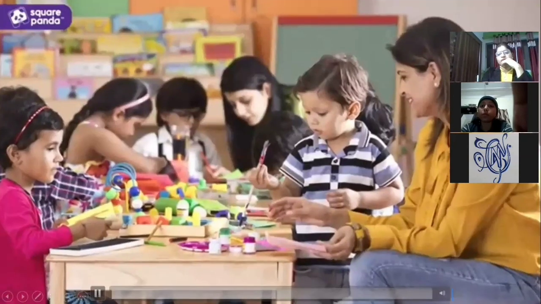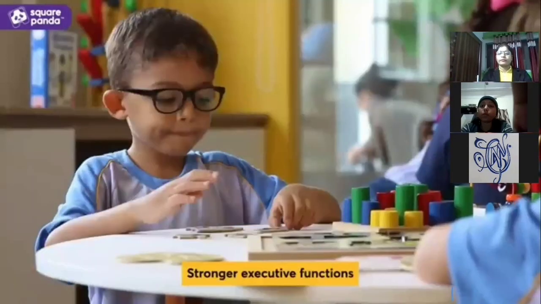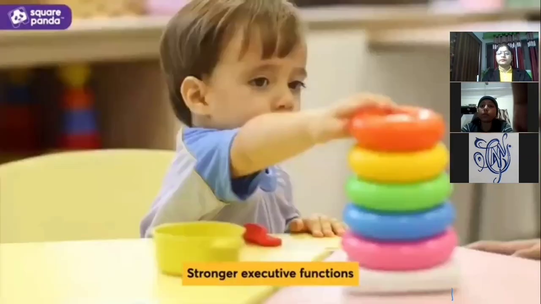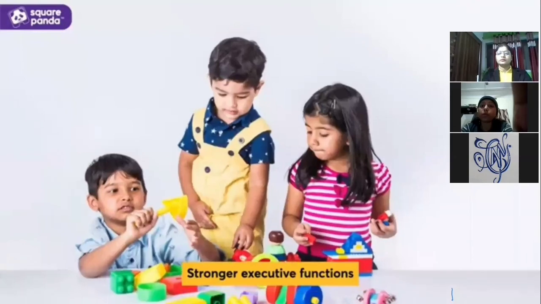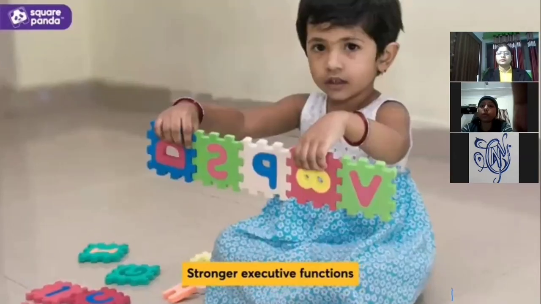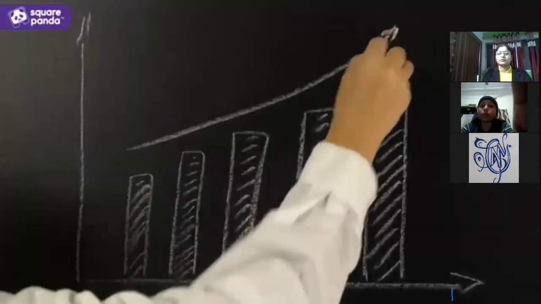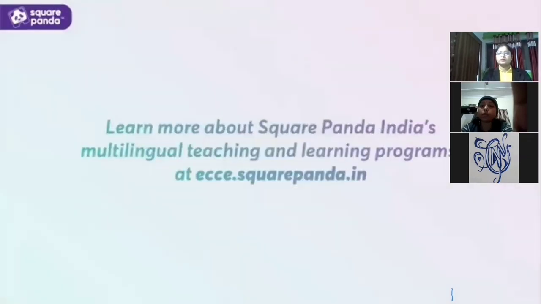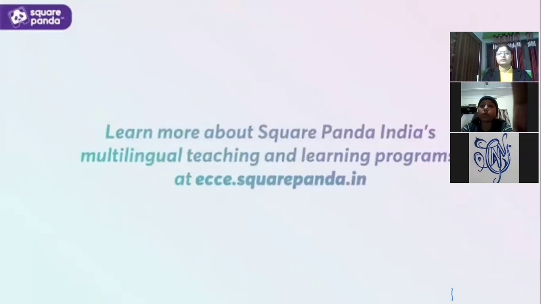A multilingual brain receives a high-tech workout throughout its life. It can delay cognitive diseases like Alzheimer's and dementia by as much as 5 years, which is evident in countries with multilingual populations. The effort and attention needed to switch between languages strengthens the part of the brain that plays a large role in executive function, problem solving, switching between tasks, and filtering relevant information. Multilingualism has been proven to make brains more healthy and complex, which in turn gives children a chance at a better quality of life.